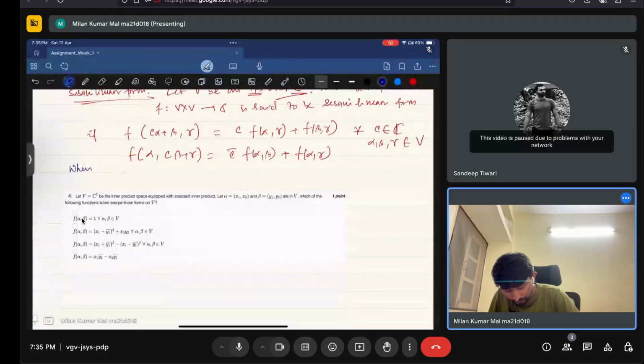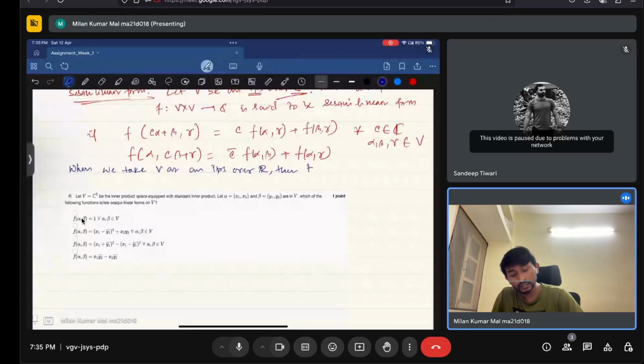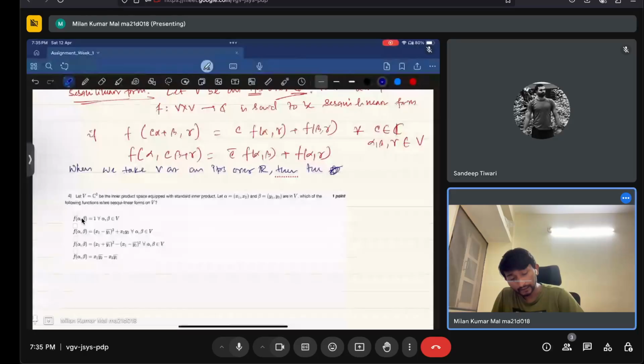When we take V as an inner product space over R, the form defined this way is called a bilinear form.